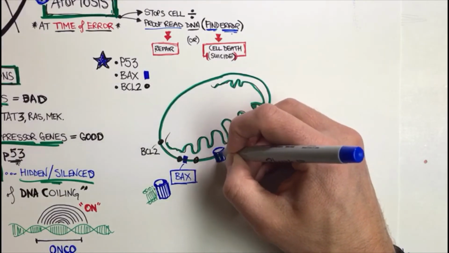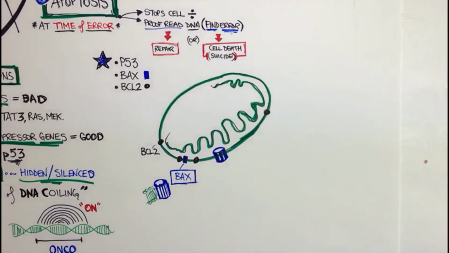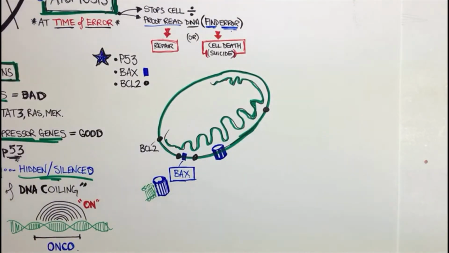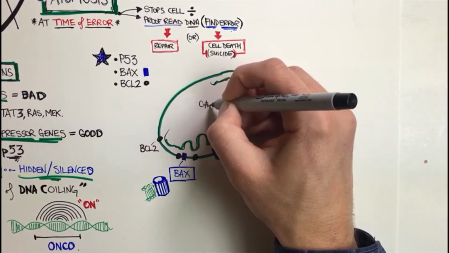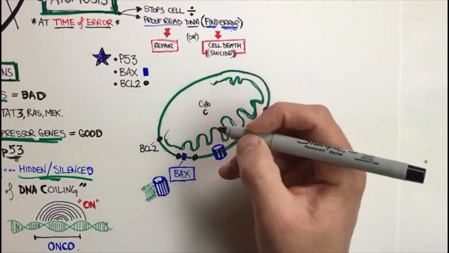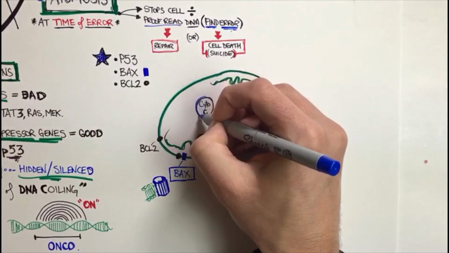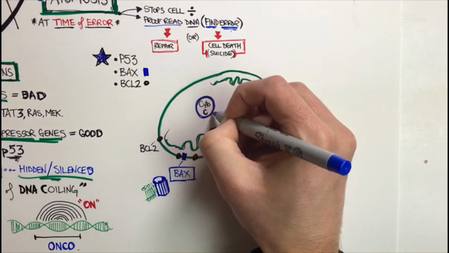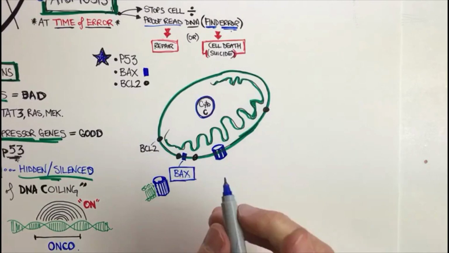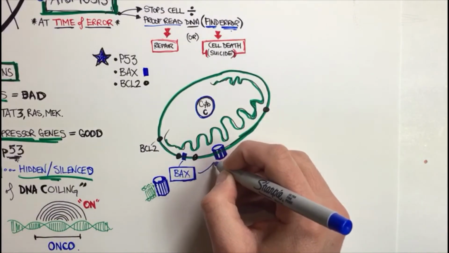But if Bax is released on its own, or if Bax expression, its presence, is increased in number, it'll form that pore, which is important because I'm drawing here in the center of the mitochondria something called cytochrome C. Cytochrome C is usually quarantined inside the mitochondria.